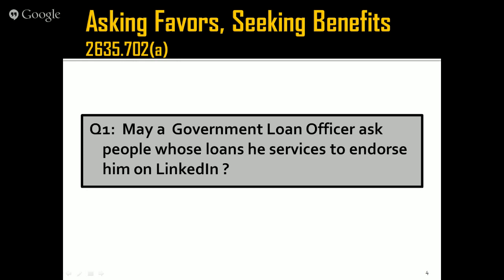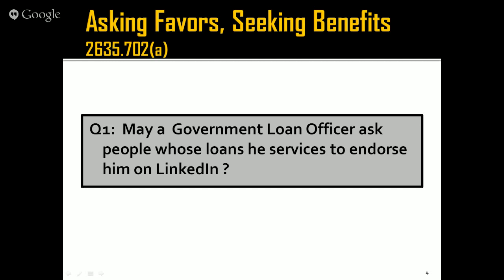Now, if you'll notice, the title to my slide is not inducement or coercion of benefits. What's my title, Patrick? Asking for favors or seeking benefits. Yes. And I would submit that mine is a better description of what this provision is trying to get at.